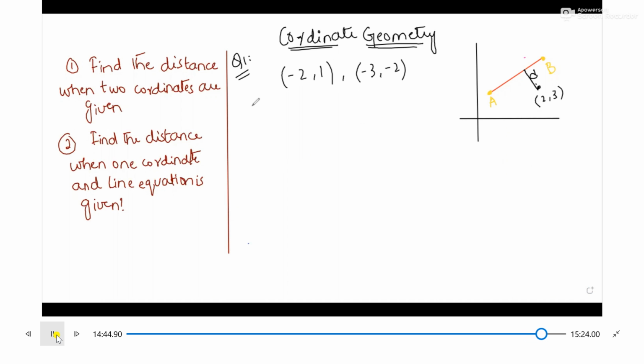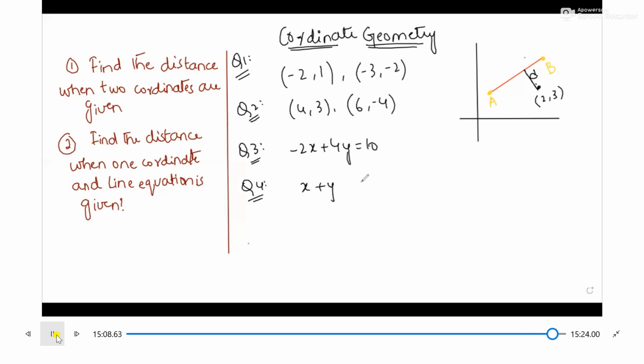Question number 2 is (4, 3) and (6, -4). Similarly, question number 3 is -2x + 4y = 10, and question number 4 is x + y - 9 = 0. So these are the 4 questions you have to solve and comment to me.